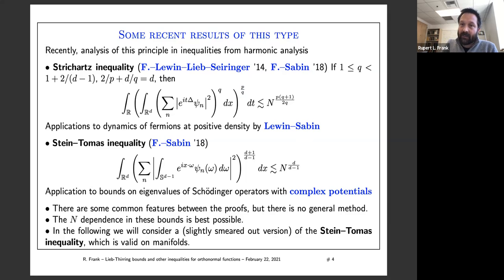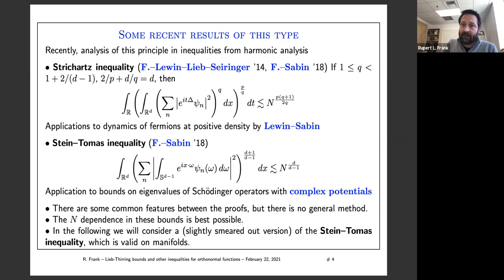And our theorem here is that this is bounded by n to a certain power. And you have to believe me that this power that I've written up there is actually a power that beats the triangle inequality. Okay, so you do have this phenomenon again that you have a gain in the number of functions due to orthogonality.